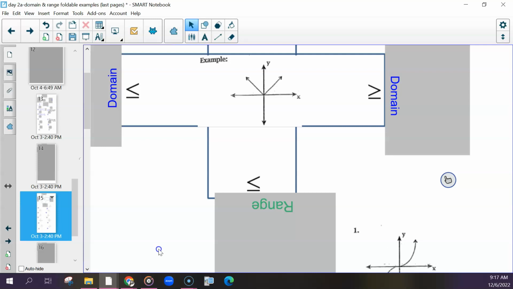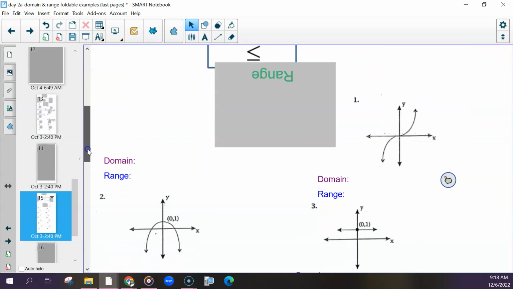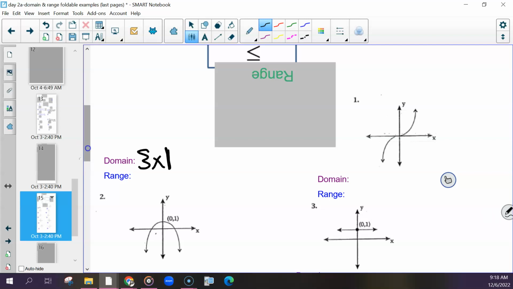If it does that in both directions, so like for our domain, this keeps going off the graph to the left, think about it like it's going up and left forever and ever. This one keeps going up and right. So if it keeps going left and right in both directions, we write the domain like this. Still curly bracket x line. That part is the same.